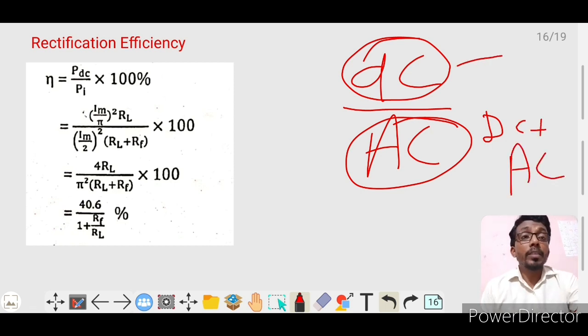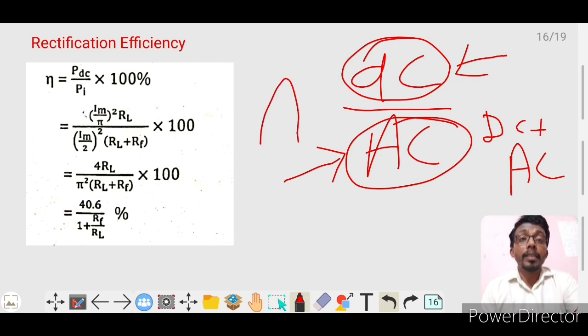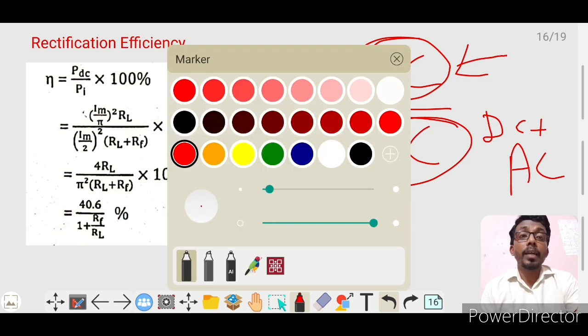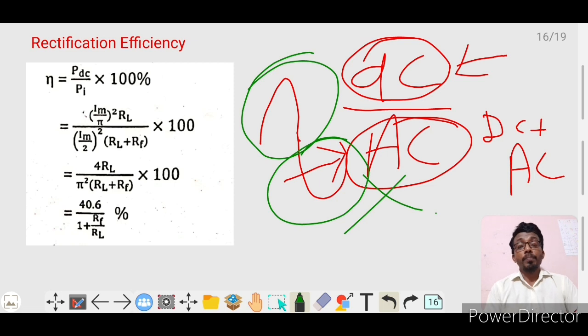So it is the power generated due to DC divided by the total power received by the diode. Naturally it will be less than 50%, because only the positive cycle is conducting and the negative cycle is not conducting. That is for sure. So the formula is P_DC by P_input into 100.